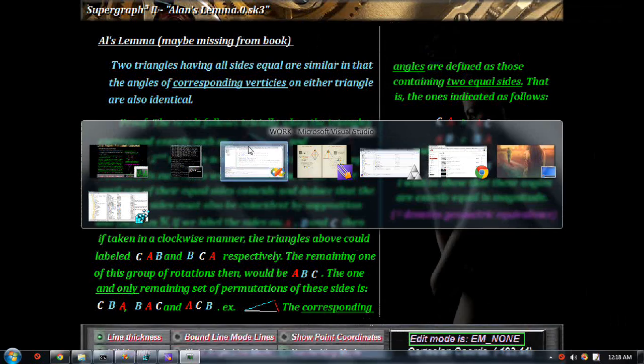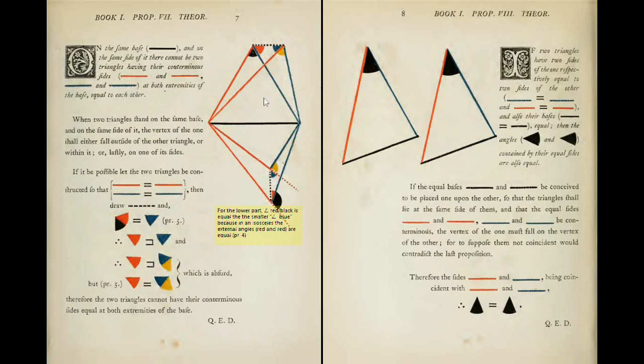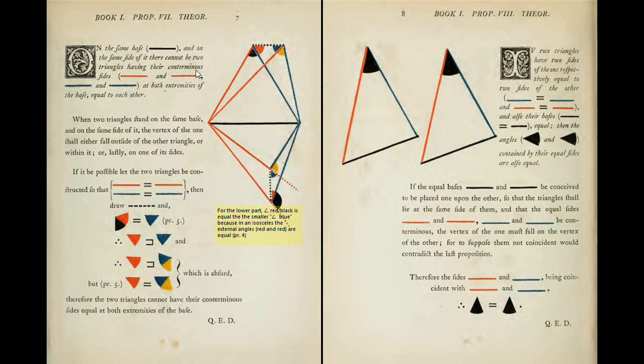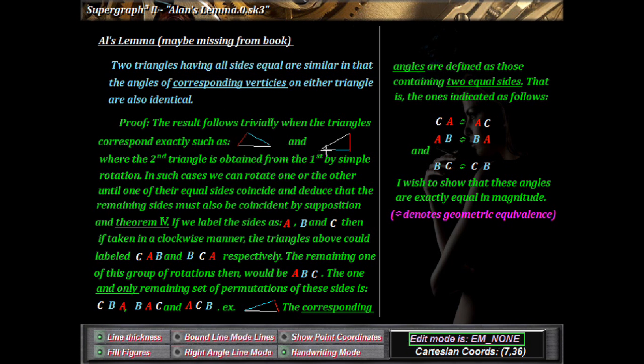Where is theorem 4? This one here, and these here being the equal other sides, which are coterminous at either end of the base. That would be the case here, because these would be on the same side, and so would the whites. So the result follows trivially in this case.